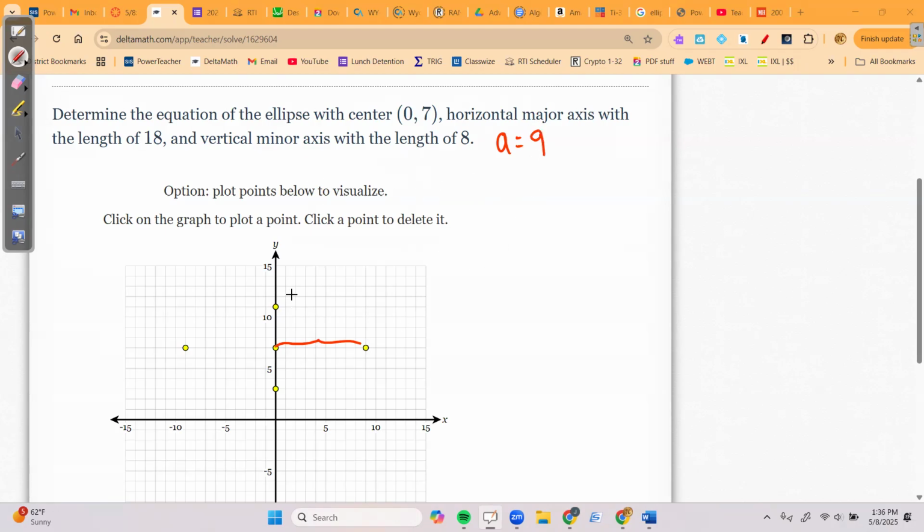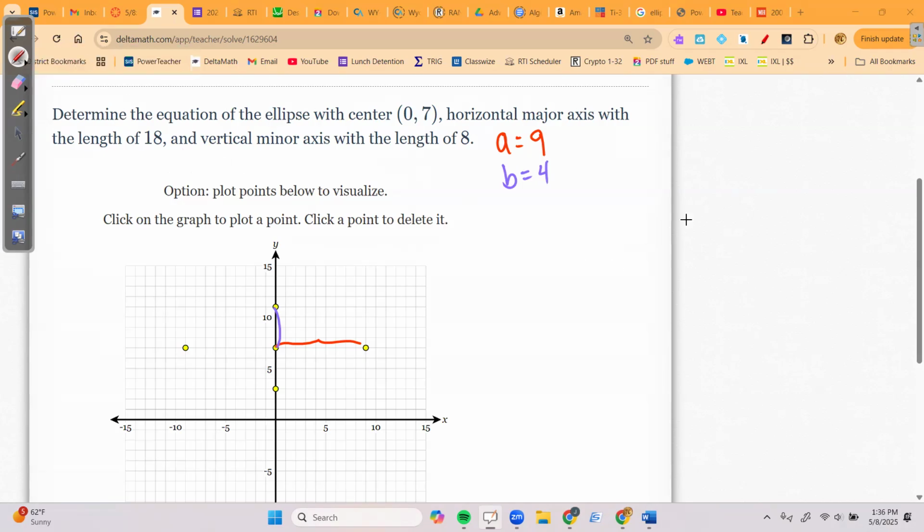And then since the vertical axis is 8, this little one, I'll draw it in purple, is the semi-minor axis, half of it, and that's going to be our b value. So a is 9 and b is half of 8, which is 4. And that's all you need to write the equation.